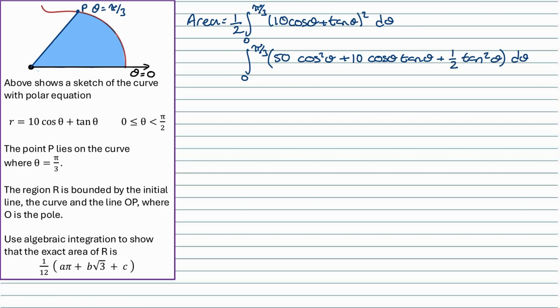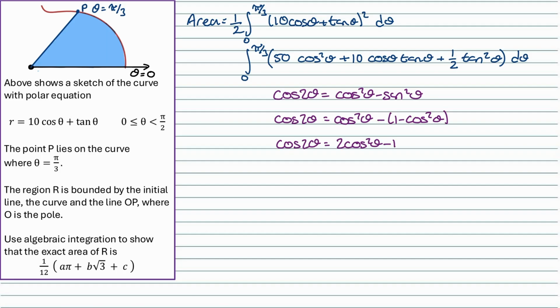Now we can simplify each of these trigonometric terms to make them easier to integrate. If we begin with cos squared theta, we know cos 2 theta is cos squared minus sine squared, so we can replace this sine squared with 1 minus cos squared. We can expand out these brackets, so we get 2 cos squared minus 1, and then we can make cos squared the subject.